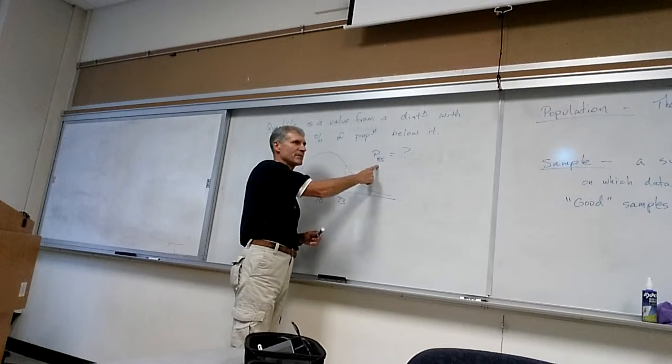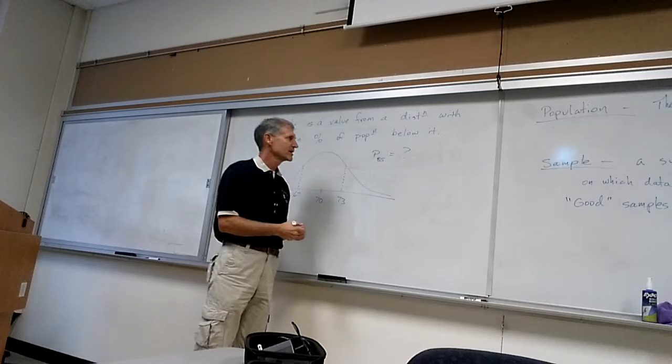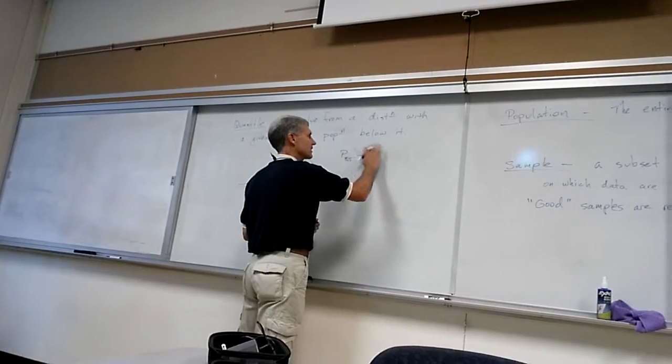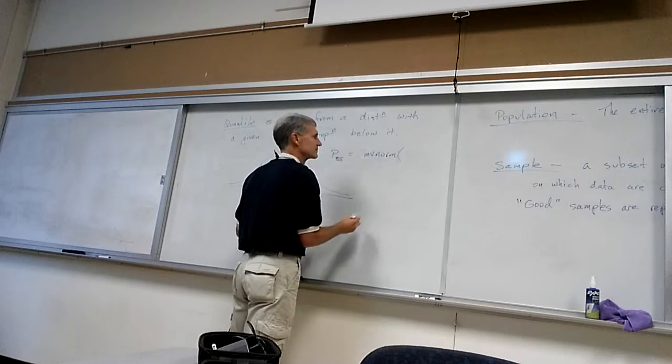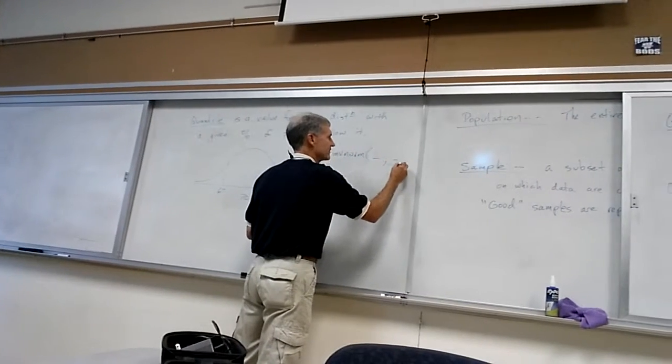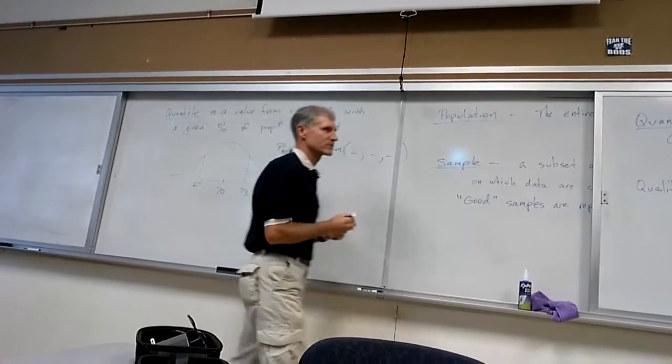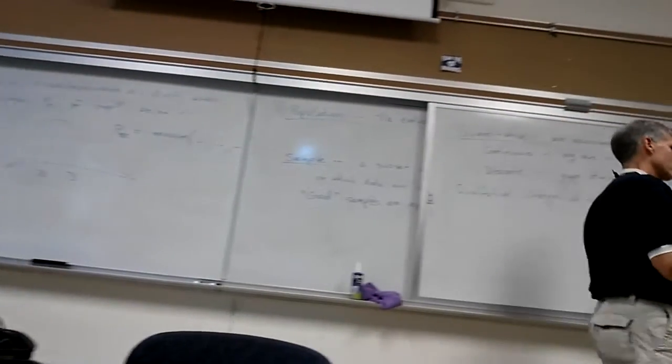So capital P sub 85 means 85th percentile. On your calculator, you do that with the inverse norm function. And if you have a TI-84, then the inverse norm function works with 3 arguments.